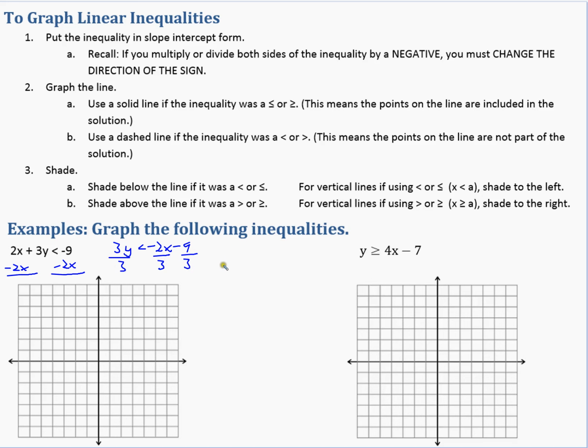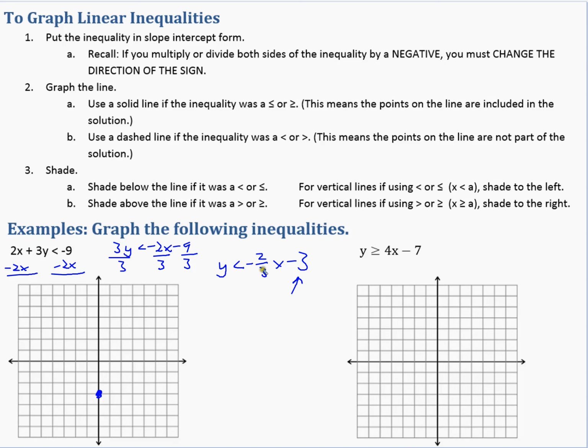And once we do that, we get y is less than negative 2/3 x minus 3. And so we're going to graph this. We start at our y-intercept of negative 3. We use our slope of negative 2/3.